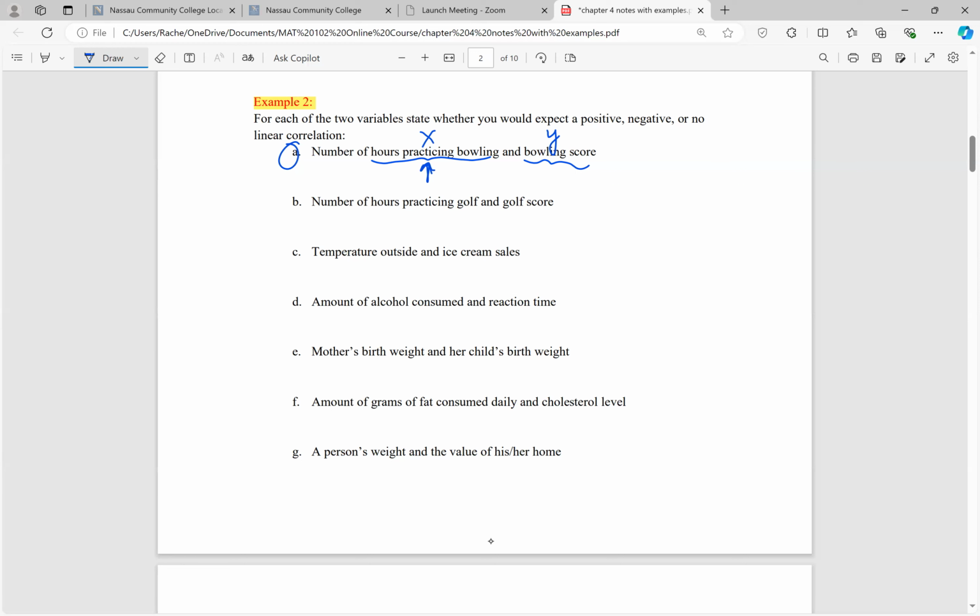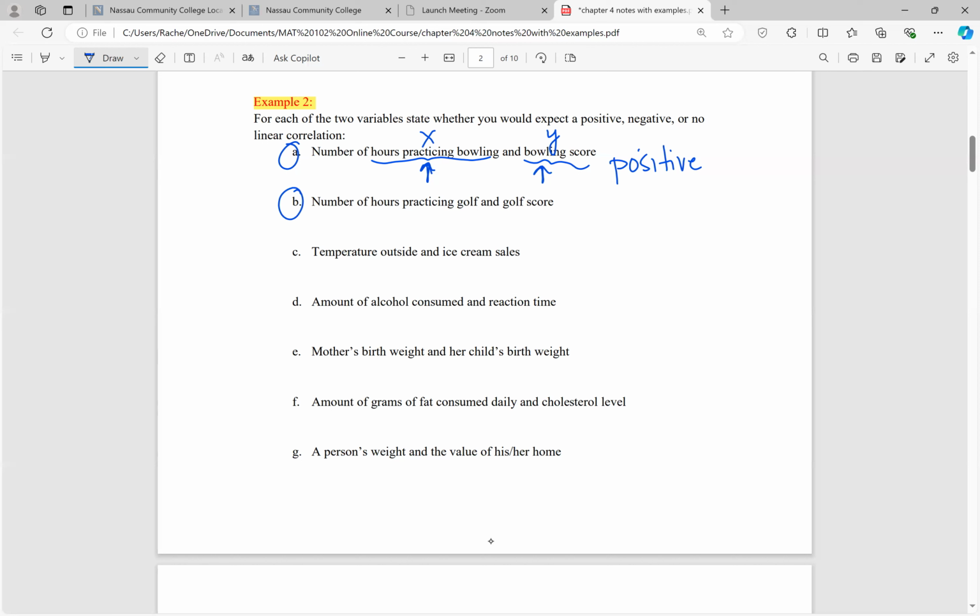We're going to get better at bowling, and then what's going to happen to our score? Our score is also going to go up. So what type of relationship is this, right? So as X is increasing and Y is increasing, that's going to be a positive correlation. So we would expect there's going to be a positive correlation between the number of hours that you practice bowling and your bowling score.